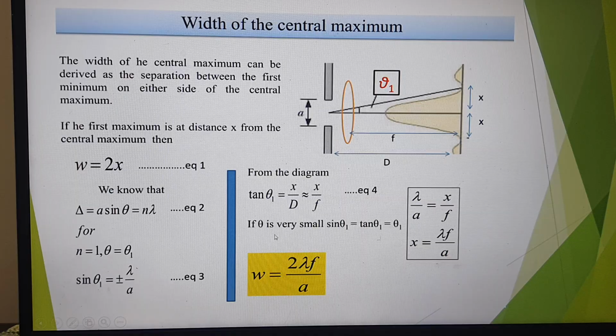If theta is very small, then sin theta equals tan theta equals theta. That is why we write the equation W equals 2 lambda f by a, where a is the width.